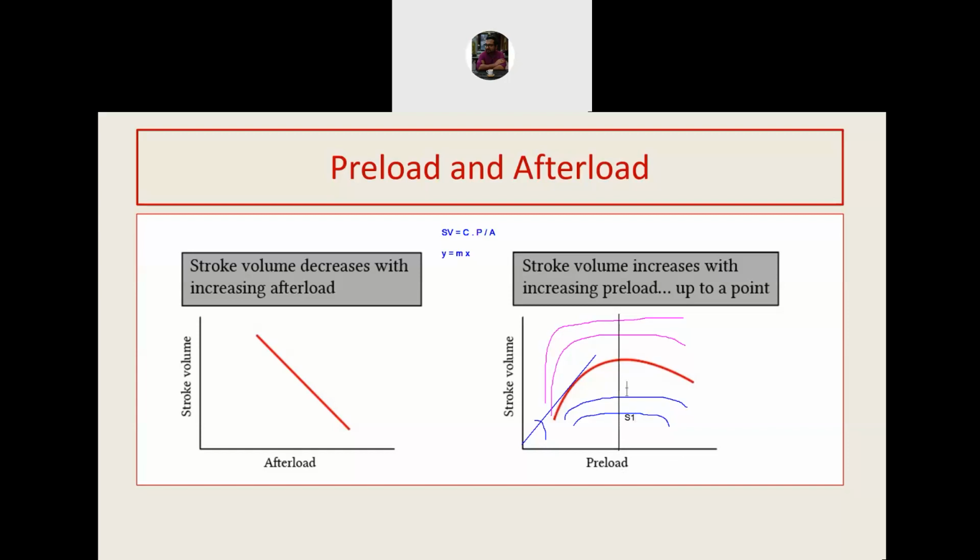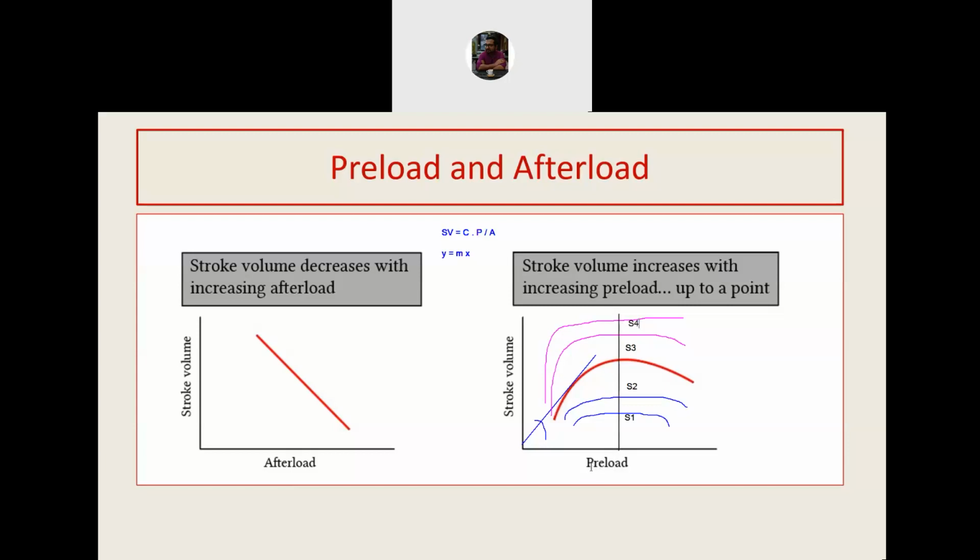S1, S2 is the next stroke volume, S3 is the next stroke volume, S4 is the next stroke volume. Which means at the same preload remaining constant, different hearts are having different stroke volume. That is the definition of contractility. Something that determines the stroke volume irrespective of the preload. So higher up the graph, higher is the contractility.